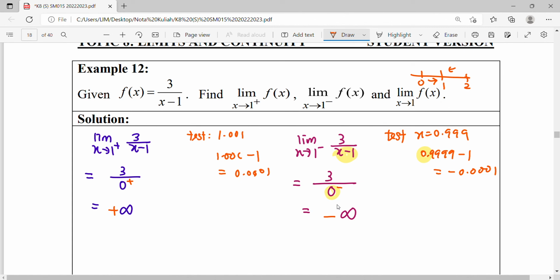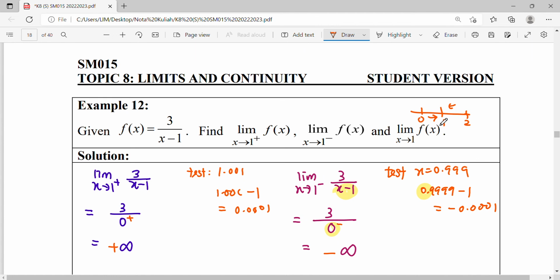So what's your limit at the point x? What's the limit for the function when x approaches 1? Does not exist. Why? Because from the left hand side, your graph goes down to negative infinity, right? From the right hand side, your graph goes up to positive infinity. So kiri kanan sama tak? Tak sama. So limit.